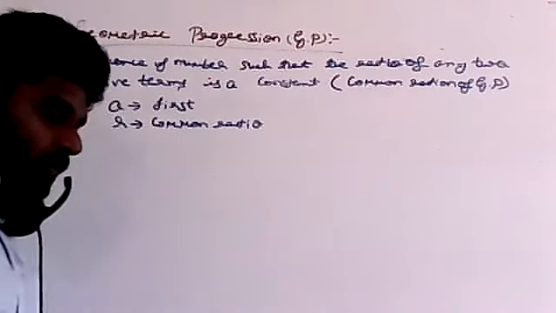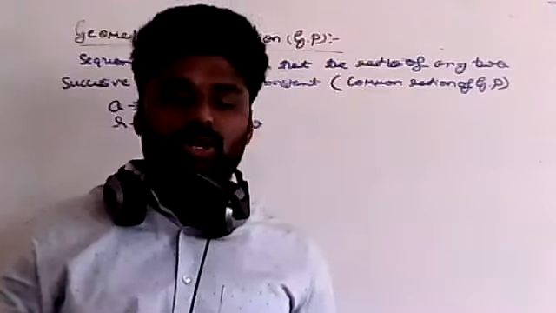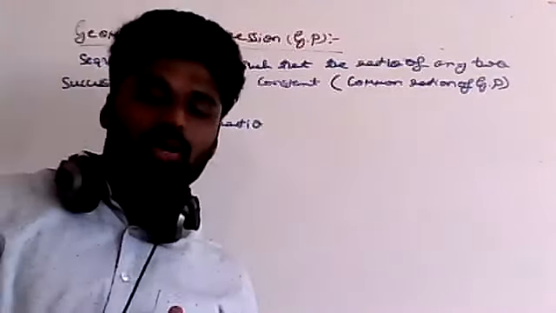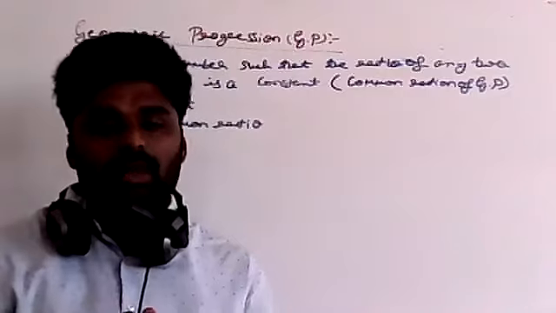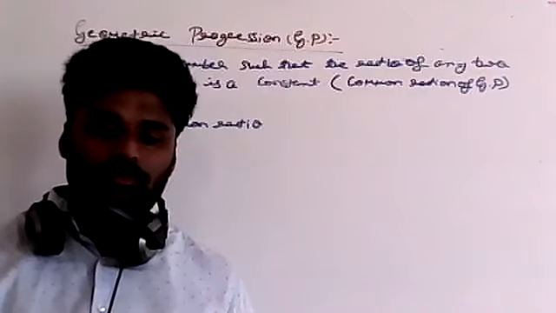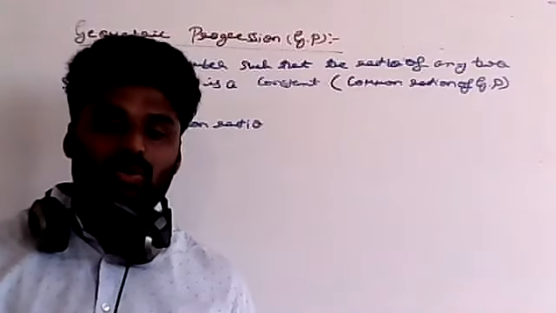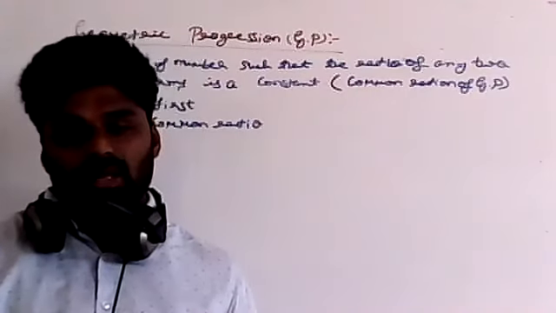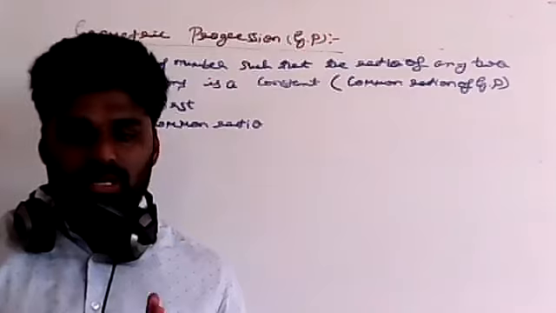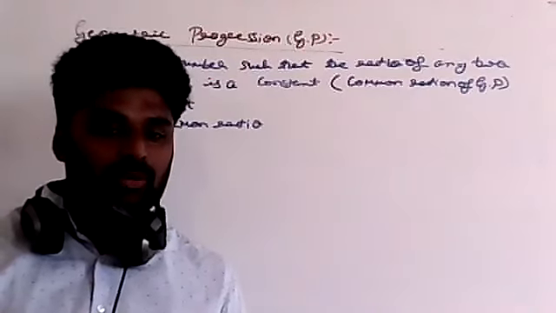Just tell me, while doing the arithmetic progression, a is the first term, and how do we calculate the common difference? d is equal to what? The second term minus the first term. Yes, Anirudh, right. a2 minus a1 we are doing.